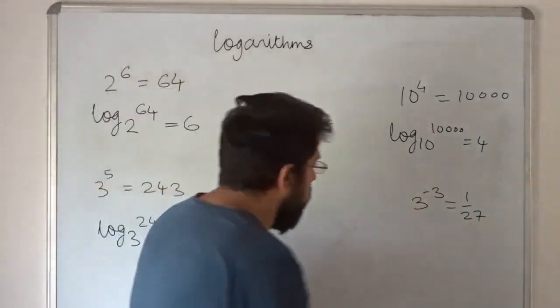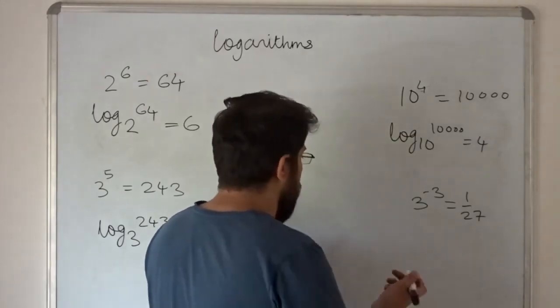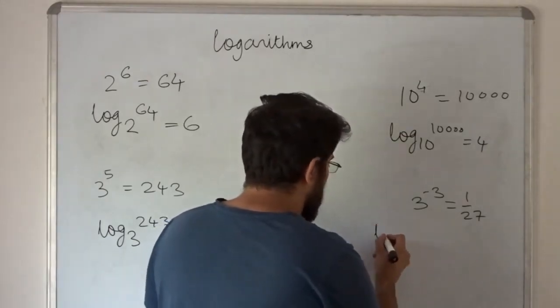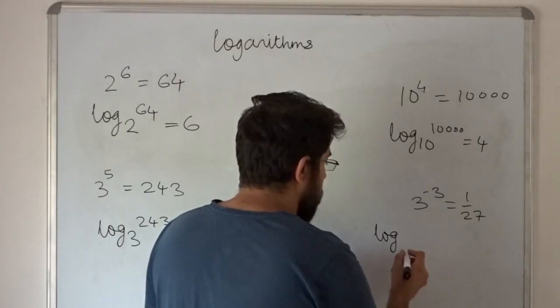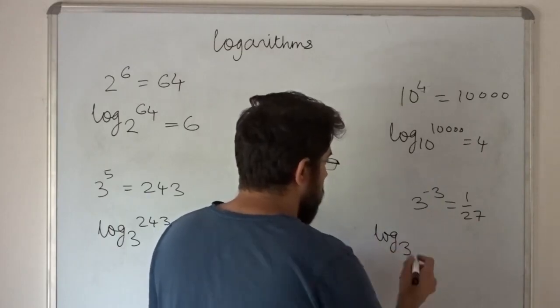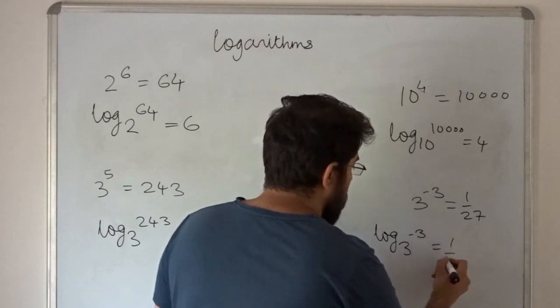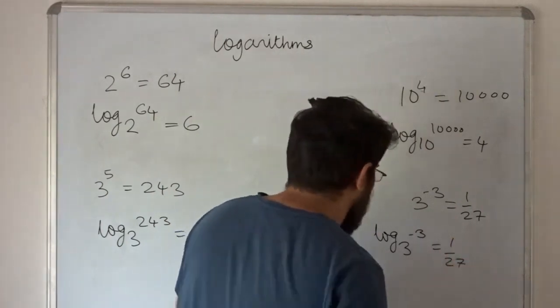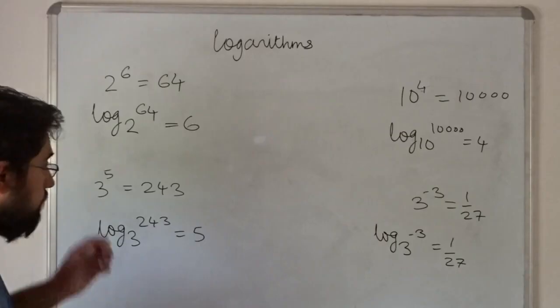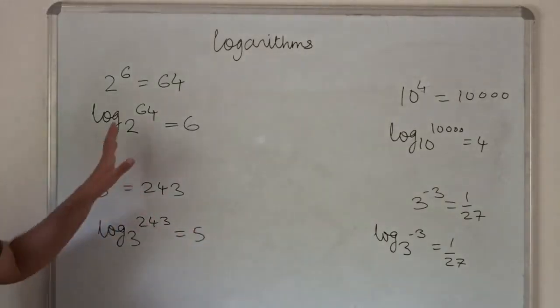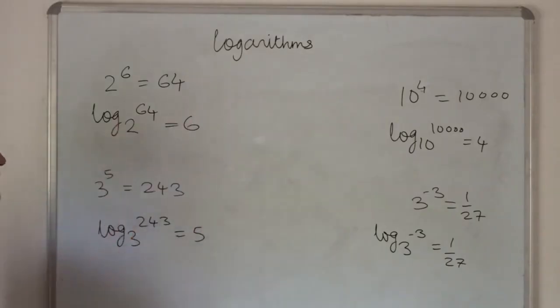Now this one is also very easy. So this one is log base 3 of 1 upon 27, which equals -3. Okay, so now I've already solved all 4 of these.